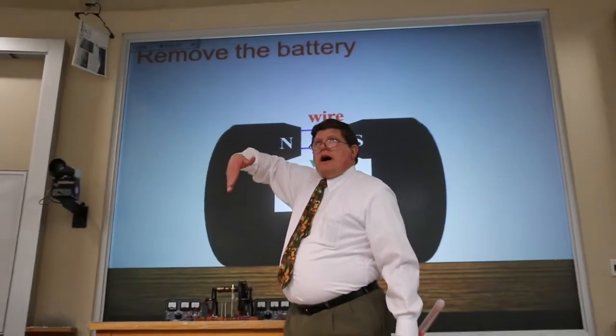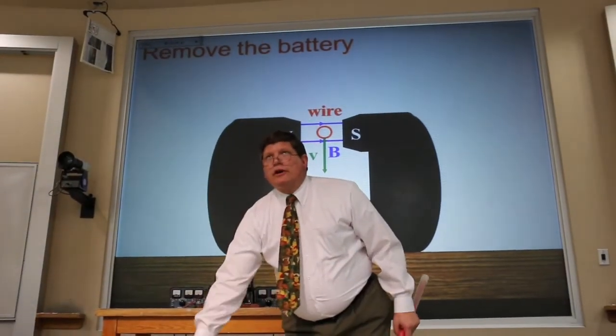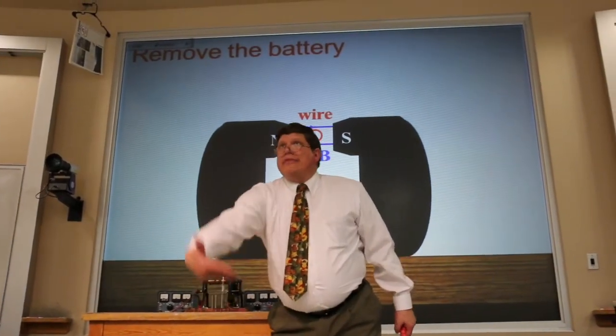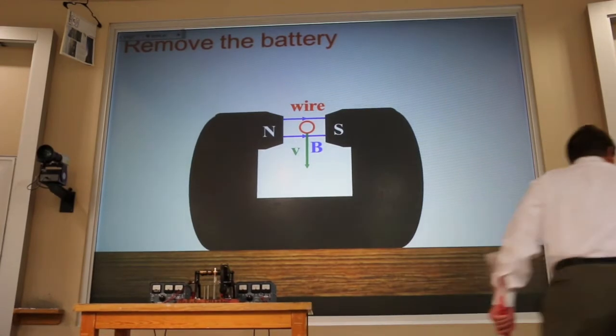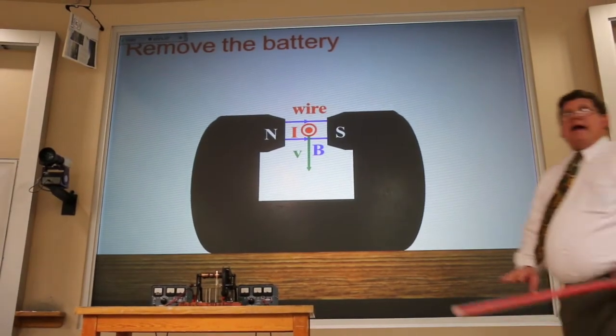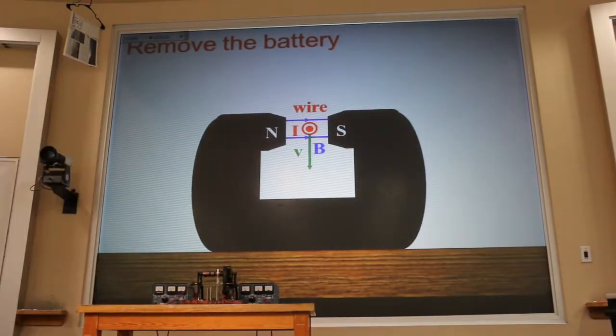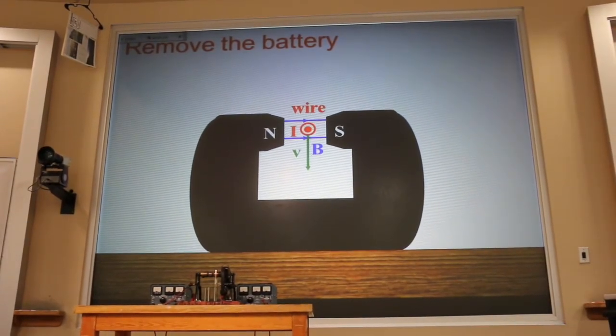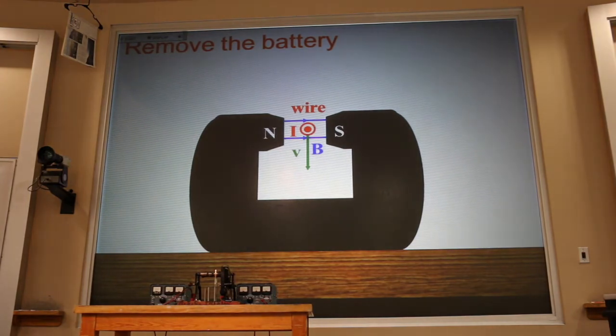Now if I look at the magnetic force that produces, I reach down in the direction of the motion, I turn my wrist so that I can wave in the direction of the open door. That gives me a force towards you. And the charges are free to move that way. They're pushed that way, so they go that way. That creates the current in the wire that the ammeter is picking up.